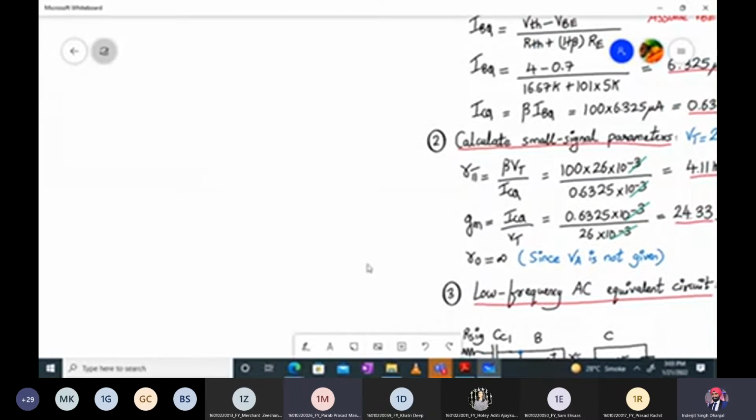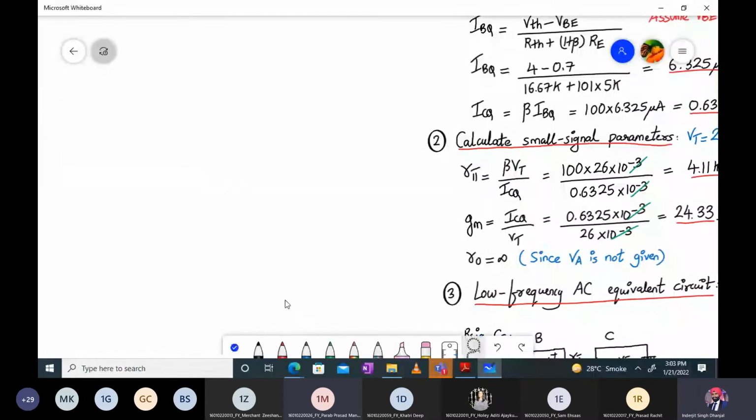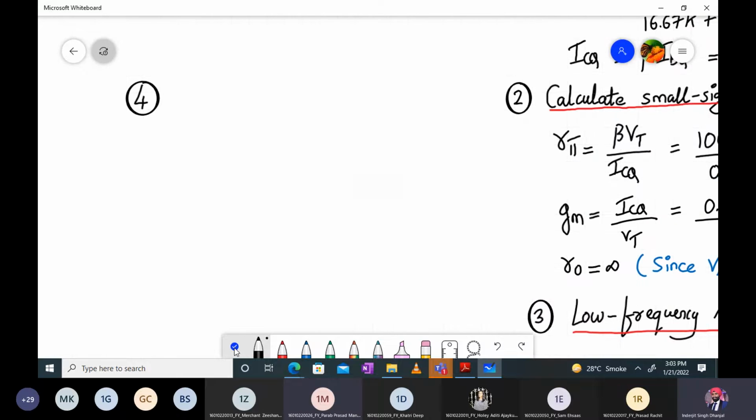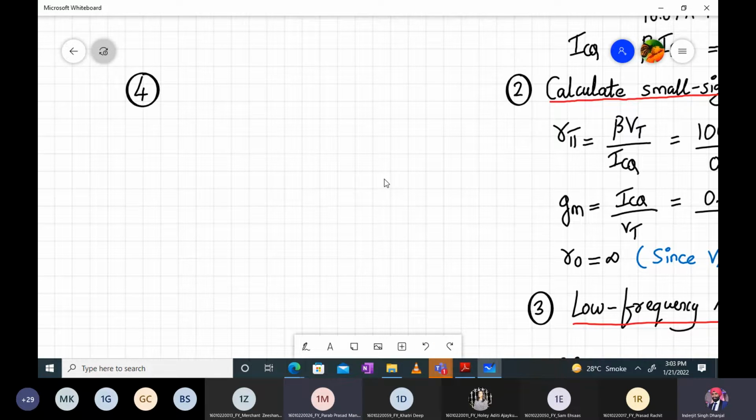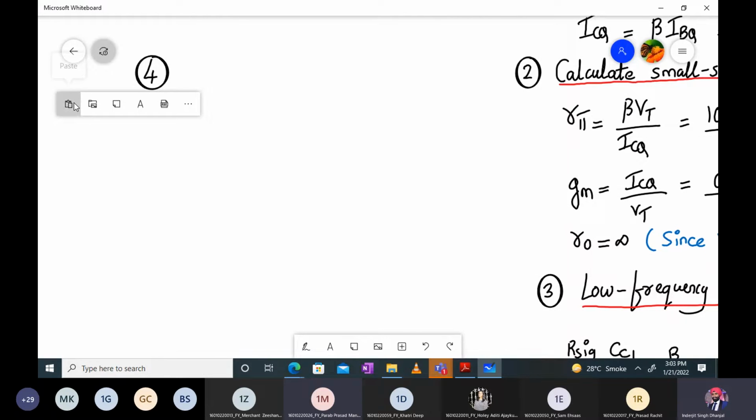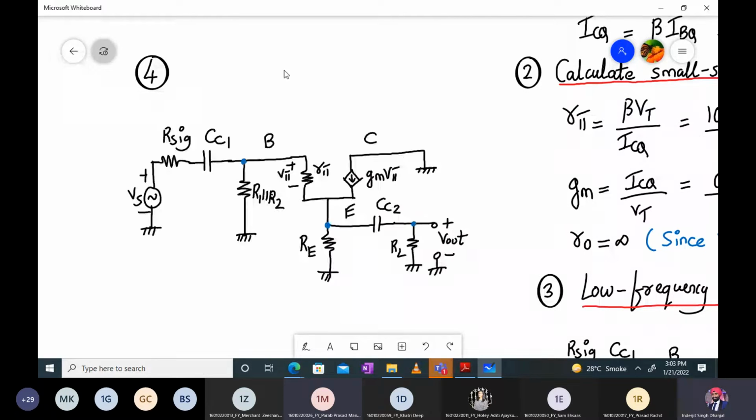I'll start from here. Let me add that small signal equivalent circuit over here. Yeah, fine.